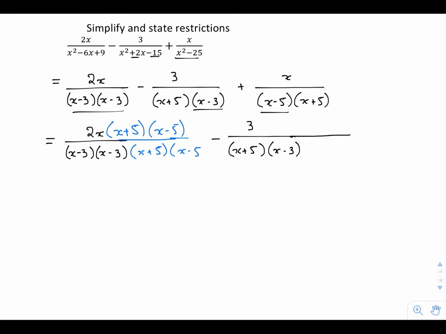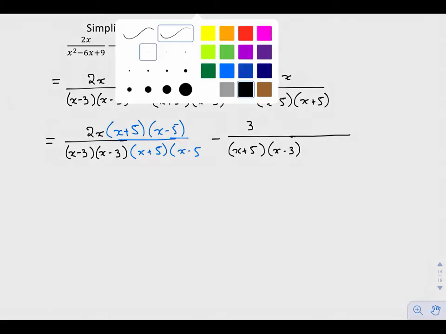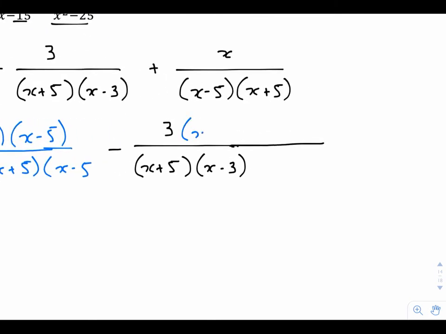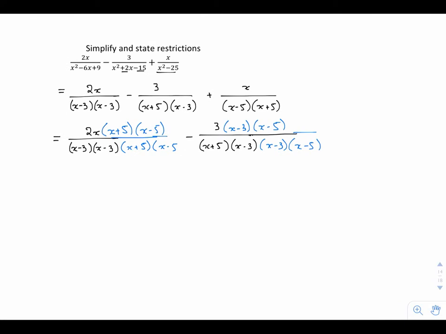So I'm going to multiply the top and bottom of this second fraction, and again I'll use a blue color to indicate it, by x minus 3 and x minus 5. So x minus 3 here and x minus 5. So this is getting pretty long, but unfortunately this is how it works out. Final term, I'm going to copy that, place it here.